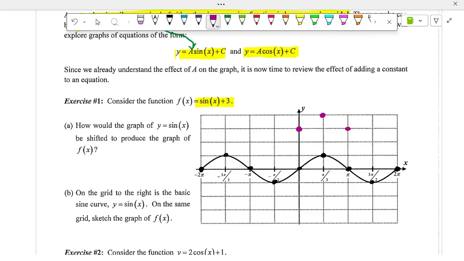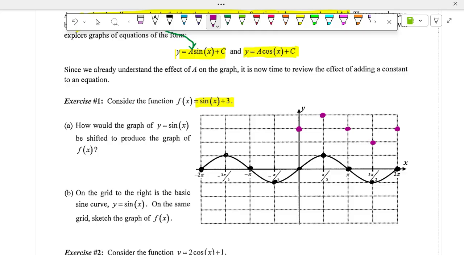Back to 3. Now, where does 3 pi over 2 go? You should be able to see that one on Desmos. Goes to 2. And then finally 2 pi, where do you think it's going to go back to? Right. So in other words, it should follow the same pattern as this graph down here.